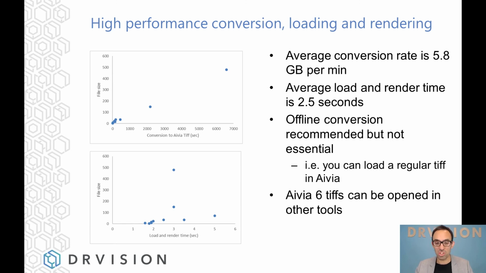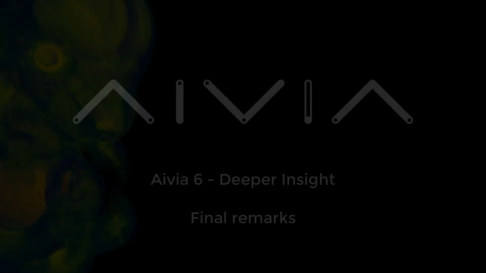So ImageJ or any other software that can read a TIFF will be able to read this directly. That's because we're keeping a full res image available inside of that Aivia TIFF, so it continues to be easy for you to open your data in any other software that you might need to use.